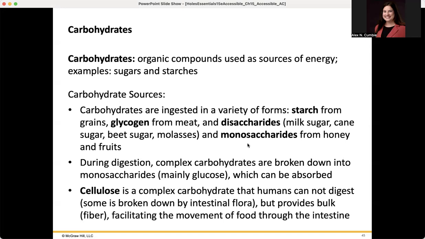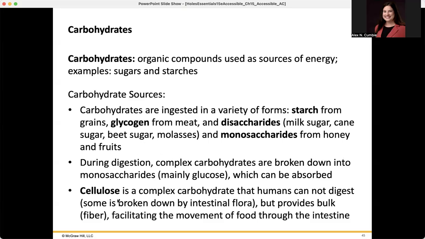Monosaccharides are simple sugars like glucose. Disaccharides are a little more complicated. They are two sugar chains, so this could be cane sugar, things you might put into sweets. And then polysaccharides are more complex ones like starch or glycogen. These are the most complex. They're multiple chains of sugars, and they give you more energy as you break down the bonds between them.